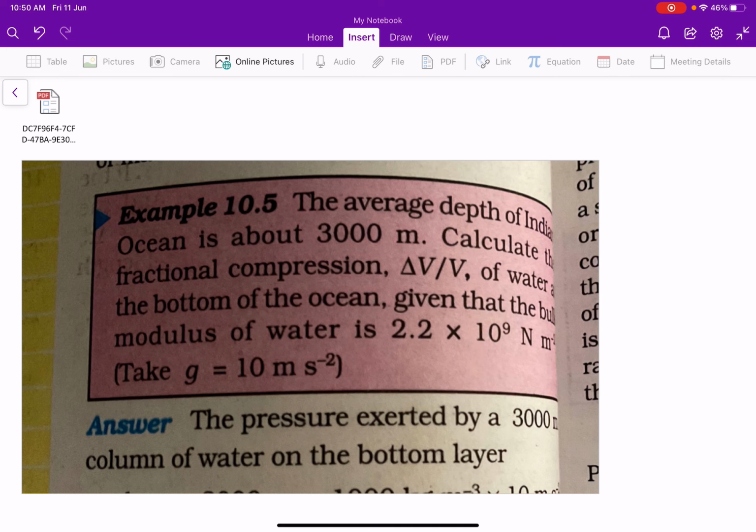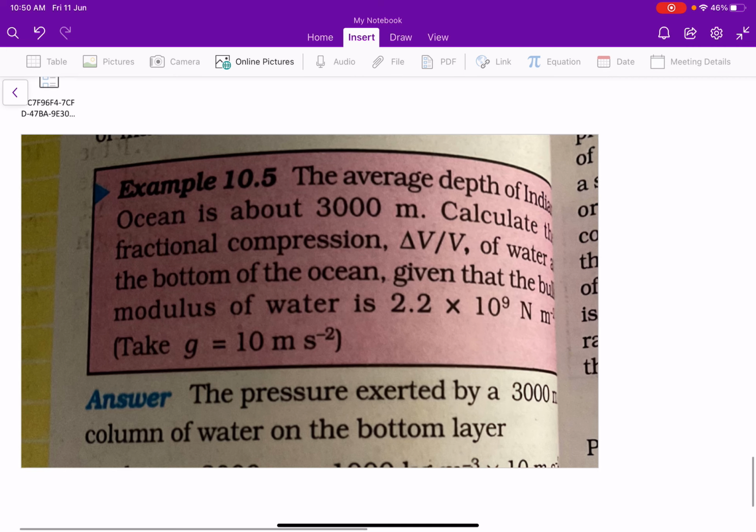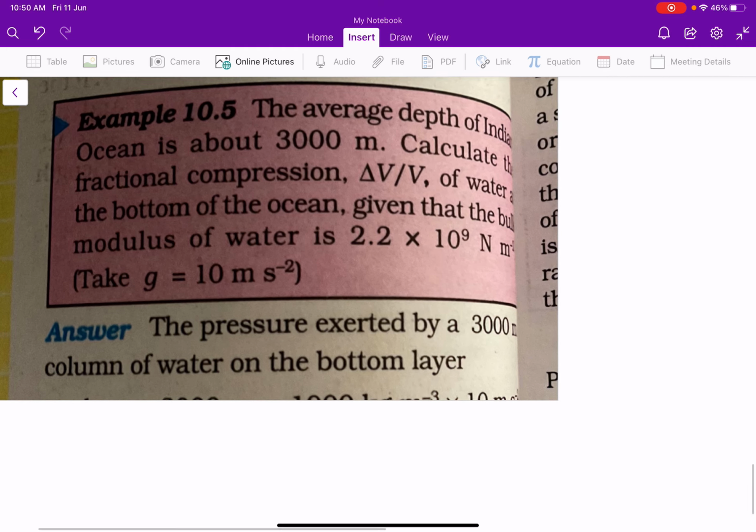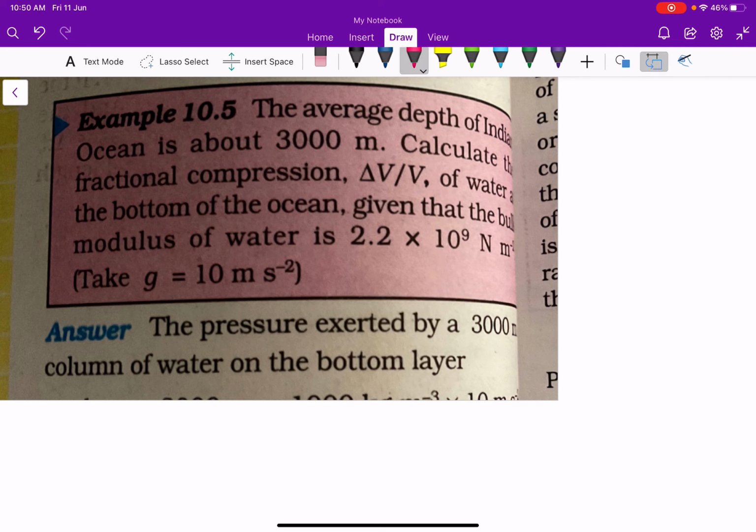Example number 5 is talking about the average depth of the Indian Ocean. Average depth H is equal to 3000 meters. Calculate the fractional compression delta V by V of water at the bottom of the ocean. What is delta V by V at the bottom of the ocean?